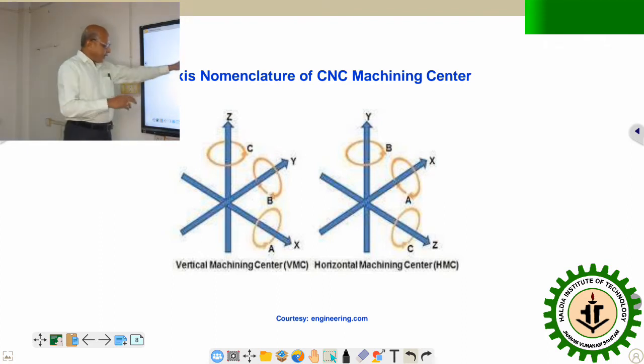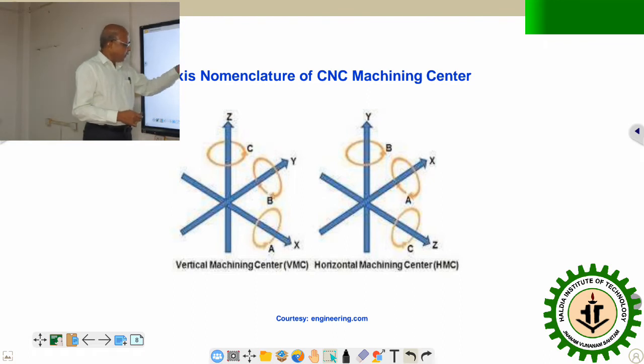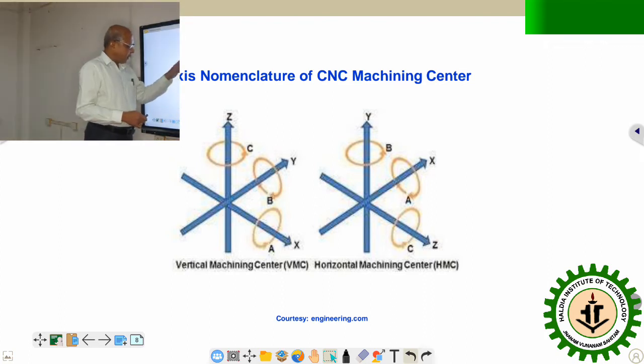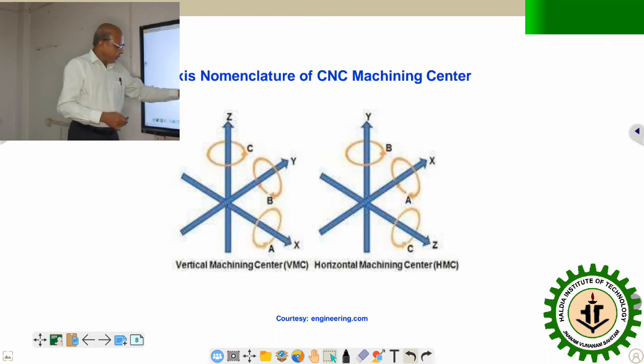So anyway, generically, you see x, y, z according to your right hand rule, these are established. Additionally, along the 3 basic axes there are 3 rotary motions.